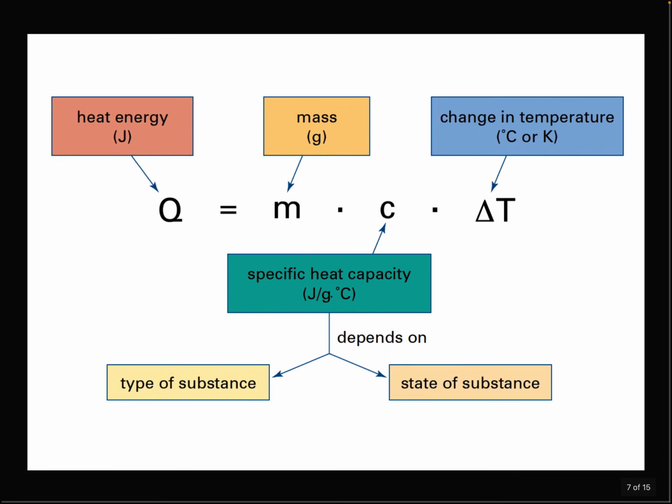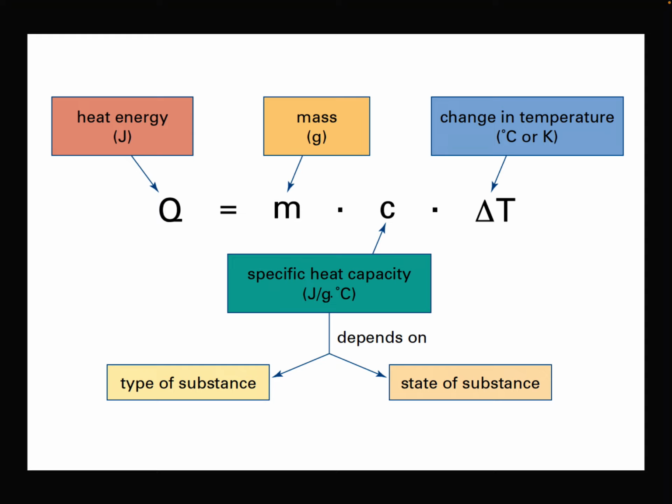There we go. Okay, so here is our formula. Q, heat energy, is given by mass times specific heat capacity times change in temperature. Our specific heat capacity depends on two things. It depends on what the substance is exactly, and it also depends on whether or not the substance is a solid, liquid, or gas.